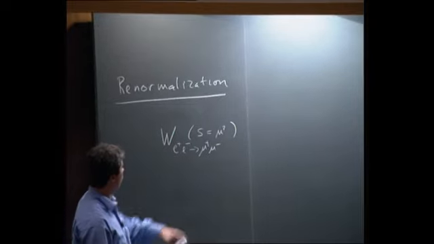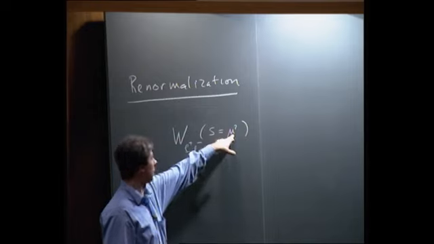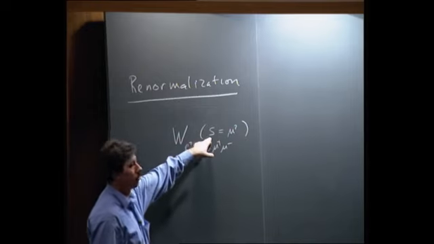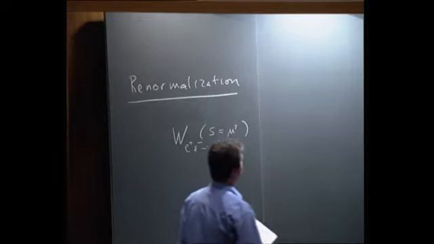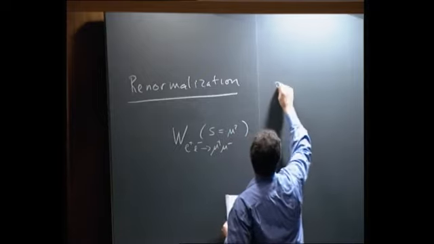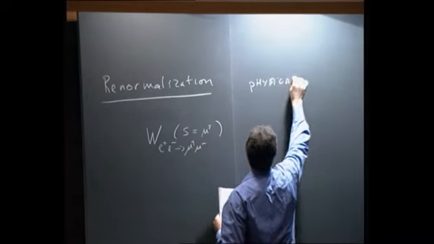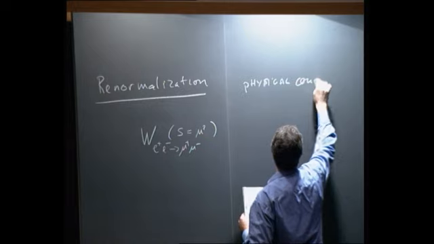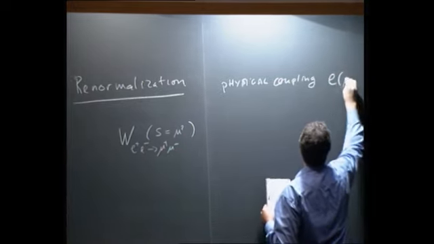You shouldn't confuse mu with the mu's for the muon. So this is going to be some energy scale, mu squared, at which I'm going to do my experiment. And I'm going to define now a physical coupling and I'm going to call it E of mu.